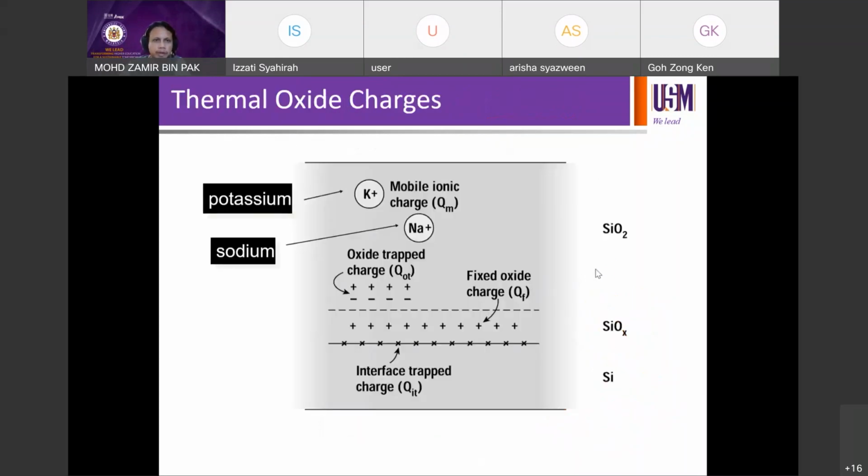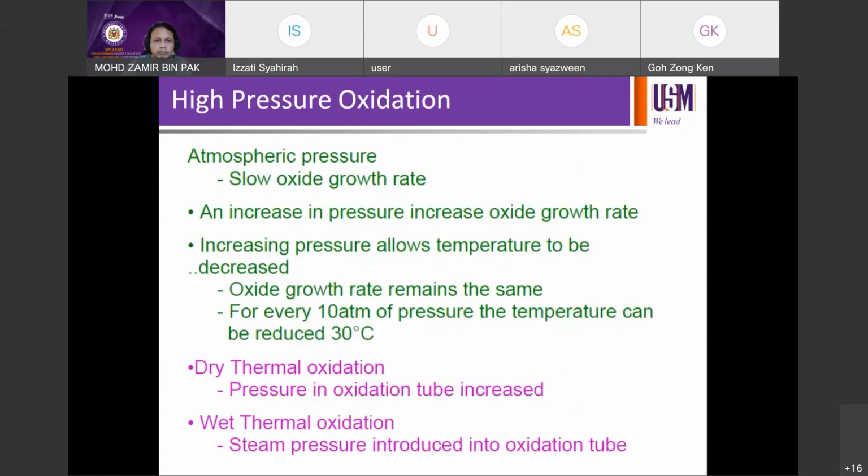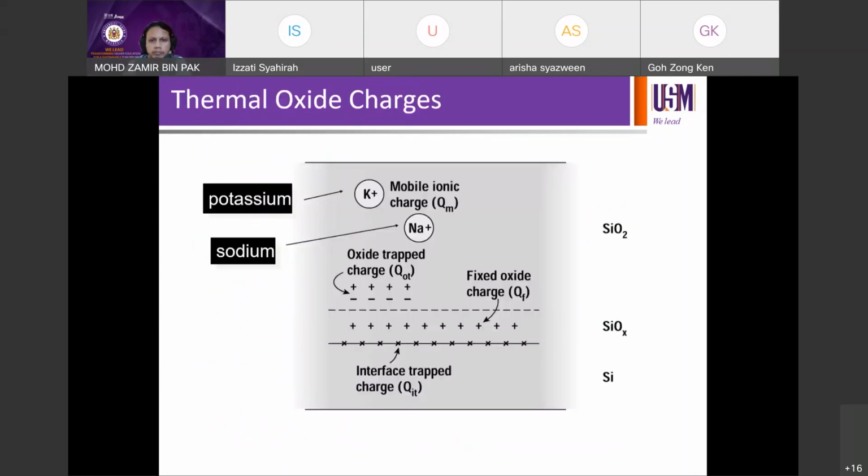So now let's look at the thermal oxide charges. So when you grow your silicon dioxide, there'll be charges inside from potassium, sodium. This is one of the famous issues that we have in the fab, oxide trap. Oxide trap charge, which we normally say as Q. Mobile ion.